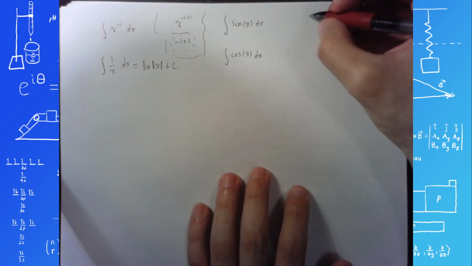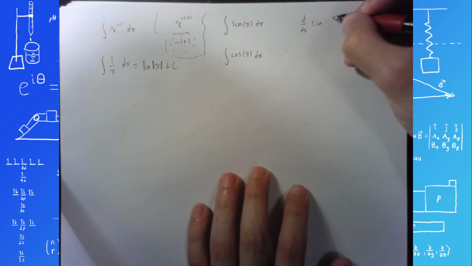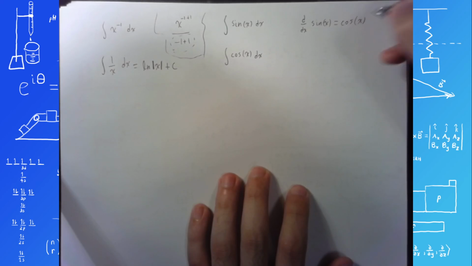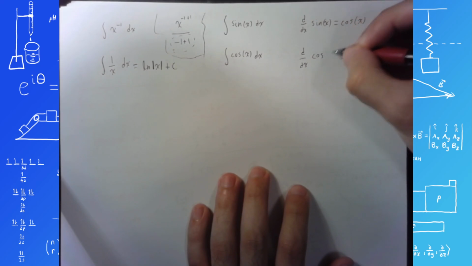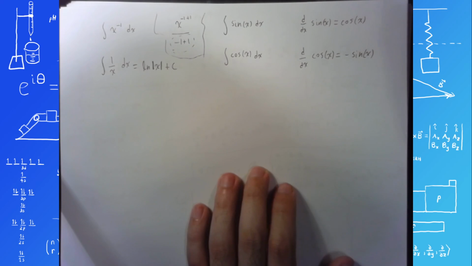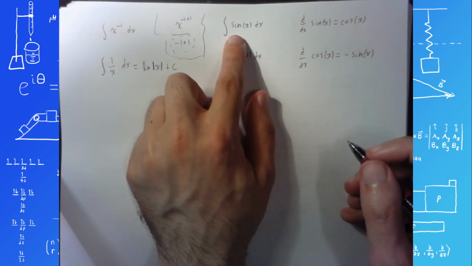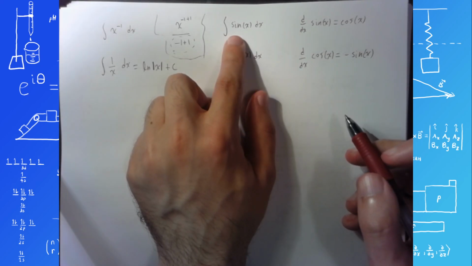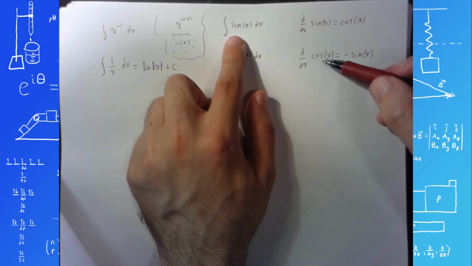You might remember that the derivative of sine of x equals cosine of x, while the derivative of cosine of x equals negative sine of x. So then the antiderivative of sine of x would be, well, negative sine of x comes from positive cosine of x.